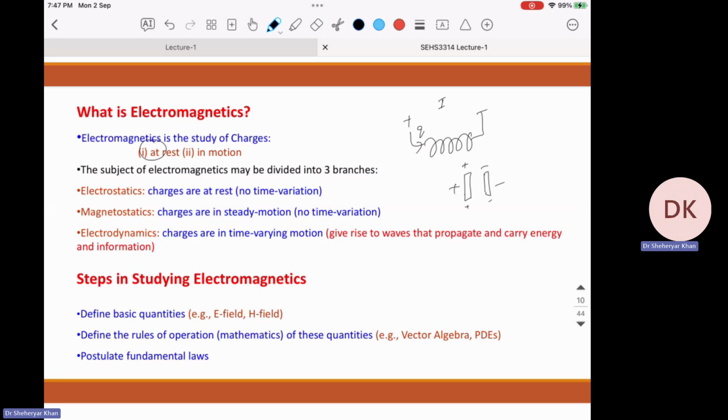When you complete a circuit, the current flows and charges are in motion. Now, there are two further conditions: when you have a DC current and when you have an AC current. For DC, we use the term static. Static means that the current does not change with respect to time. What's the example?